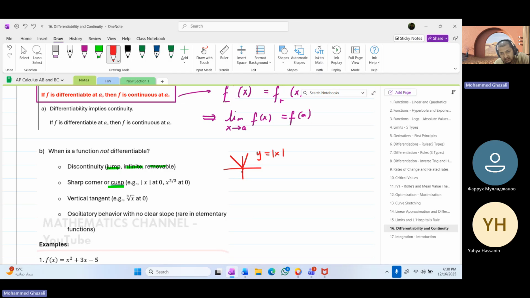This is what you call a cusp or the vertex. Vertex means it must meet at a V. So it has a sharp corner, so it's not differentiable at 0.